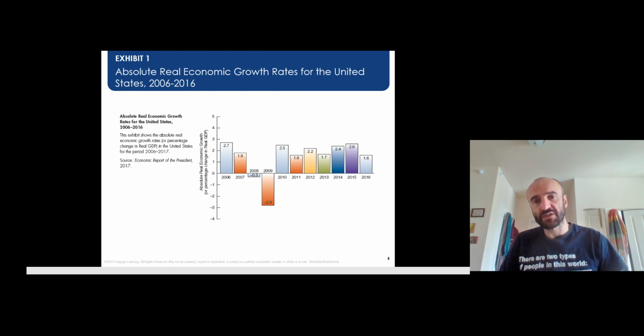So here you have some recent examples of the real GDP growth rates in America from 2006 until about 2016. And as you can see, the growth rates are not very good.